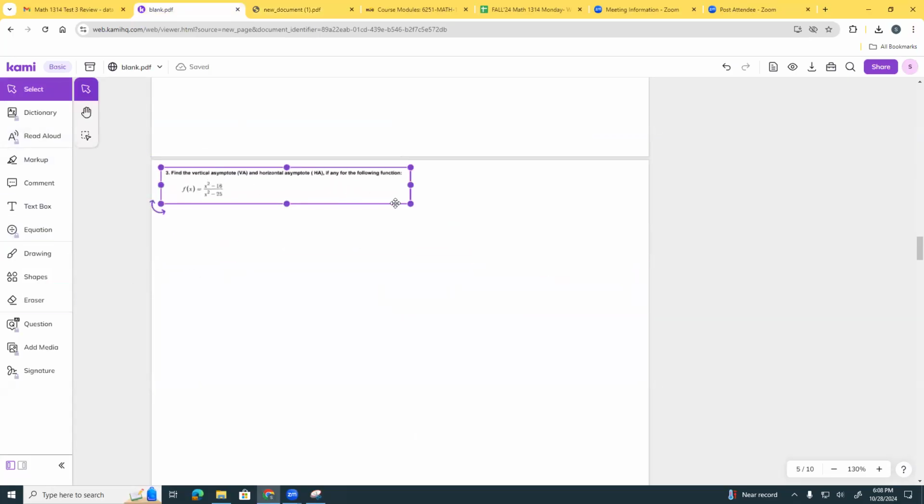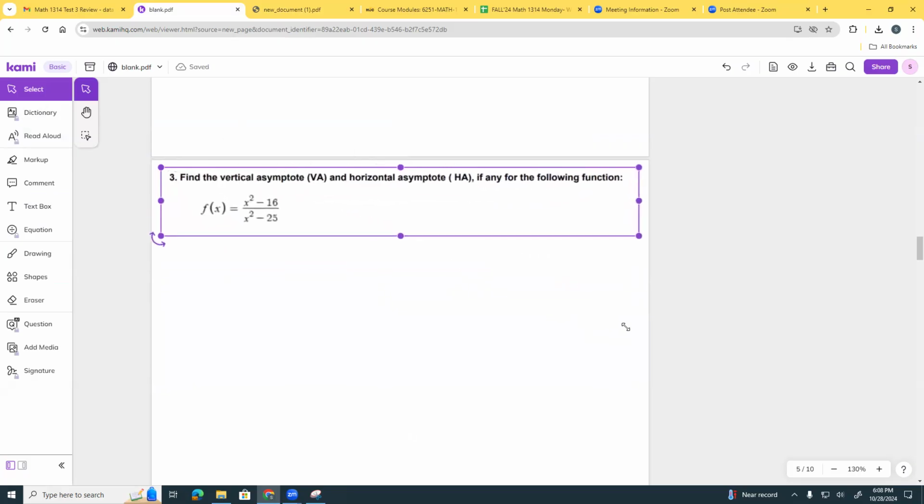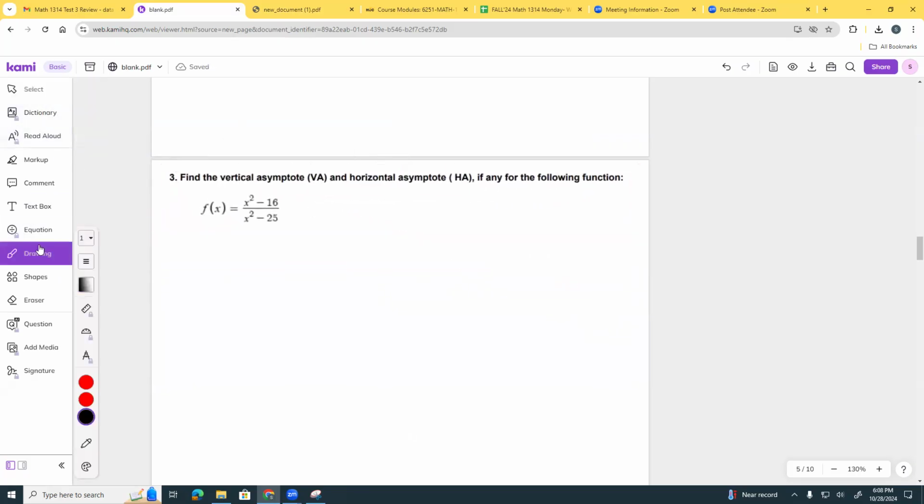So you're going to have 2 questions on the test total, which is going to ask you to find the vertical asymptote and horizontal asymptote of a rational function. I have f of x is equal to x squared minus 16 over x squared minus 25. The question says, find the vertical asymptote and horizontal asymptote for this function.